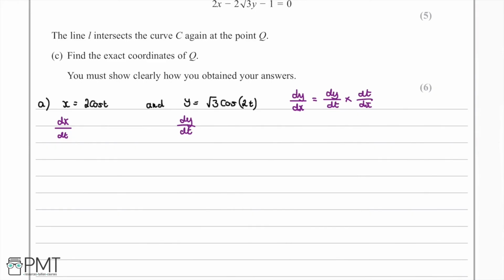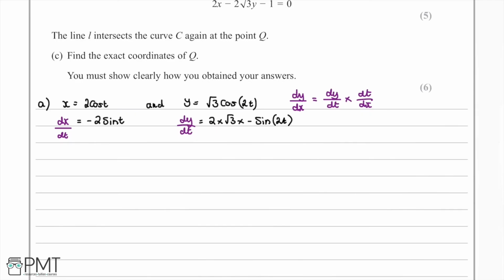So dx by dt is going to be equal to negative 2 sine t, because when we differentiate cos t, it goes to negative sine t. And then our dy by dt is going to be equal to 2 multiplied by root 3 multiplied by negative sine 2t. So here we've used the chain rule to differentiate our 2t, hence why we multiply by 2.